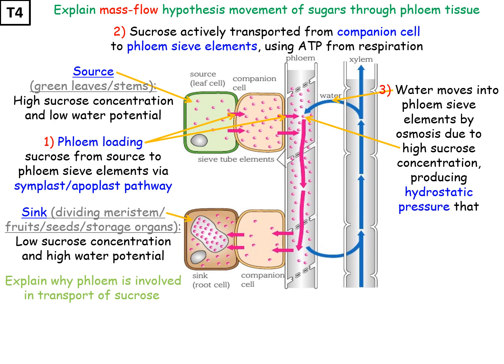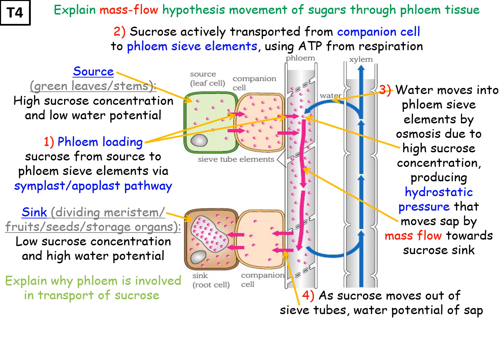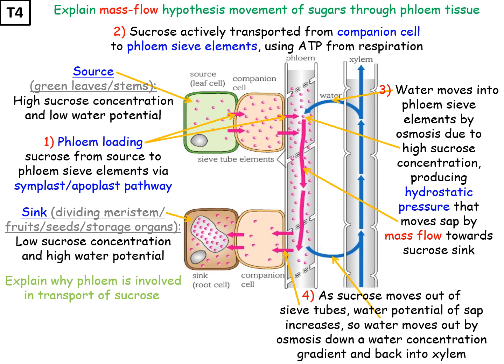That produces a hydrostatic pressure that moves the sap by mass flow towards the sucrose sink. When it moves towards the sink, the sucrose can then be moved out of the sieve tubes and into the sink, and this causes the water potential of the sap to increase. When it increases, the water can now move out by osmosis back to the xylem down a water concentration gradient.